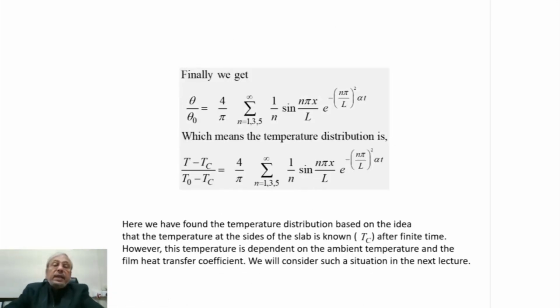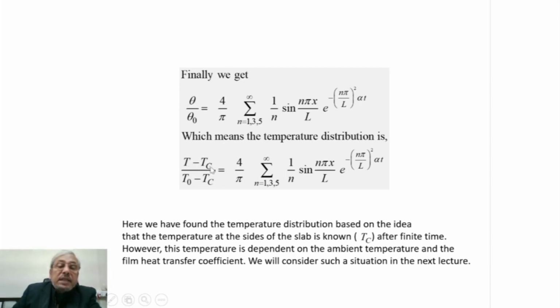So finally we can write theta by theta naught equal to 4 by pi summation over all odd terms of n, 1 by n sine n pi x by L e to the power minus n pi by L square alpha t, which means, what is theta?